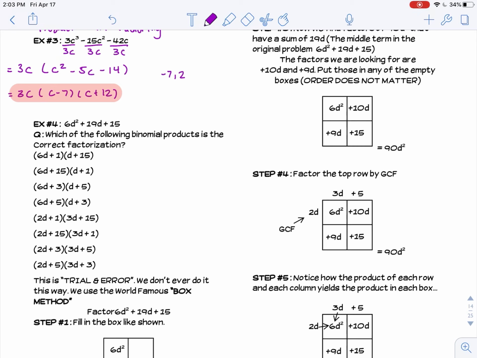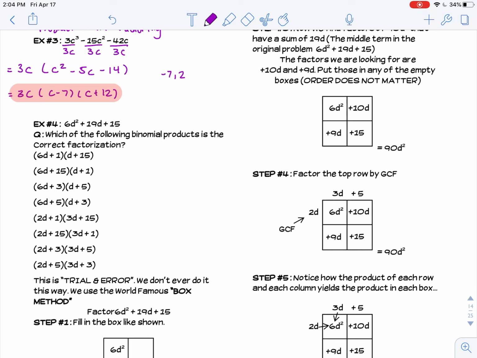There's nothing here that we could do in order to factor out some greatest common factor. There's no number that we can factor out that we can divide 6d squared or 19d or 15. So one of the things we could do is just try to figure out how can we make up two things that will multiply to equal this. Now this takes a long time.